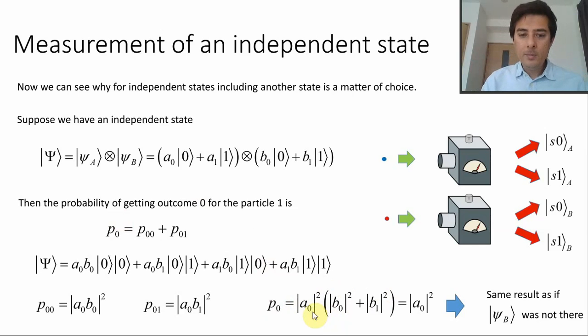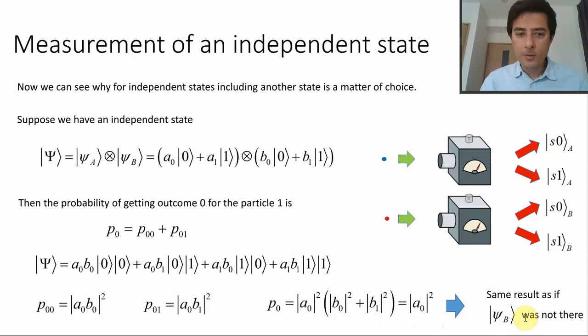And here, if we add these two, then the B0 and the B1 part is normalized, because this is a normalized state. So this just becomes 1, and we get P0 is equal to mod squared of A0, just like we had before. So it's the same result as if psi b was not there.